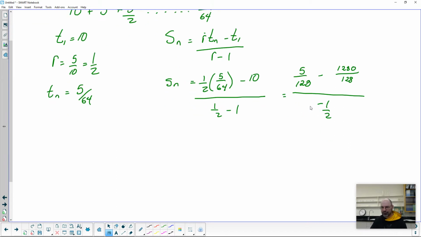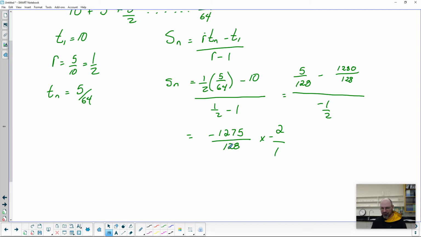So let's do that. Okay, 5 subtract this, it's going to be negative 1275 over 128. And now we're dividing by negative 1/2, so that's like multiplying by negative 2 over 1.